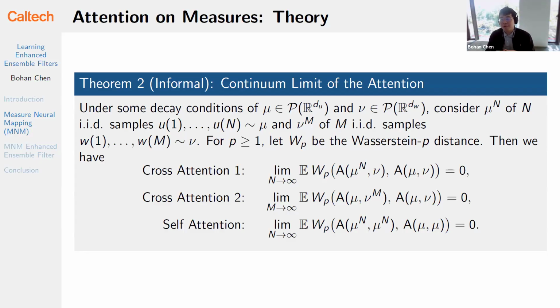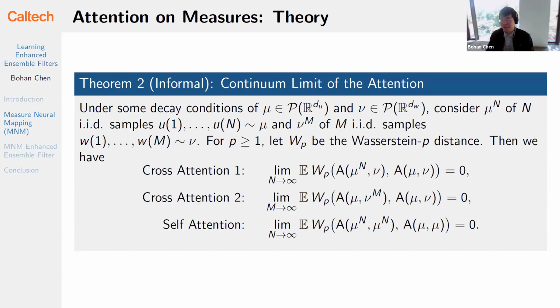That is to say, if we want to use this transformer attention on probability measures to approximate something, in practice we can just consider a finite set of samples. And if we have enough samples, the difference between this discrete version and the continuous version will not be that different.